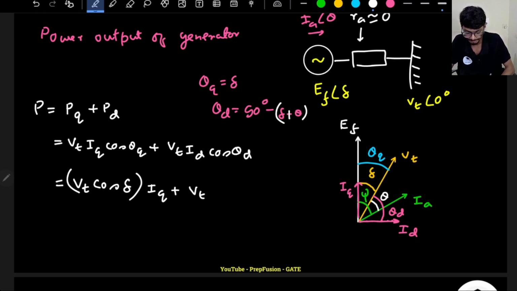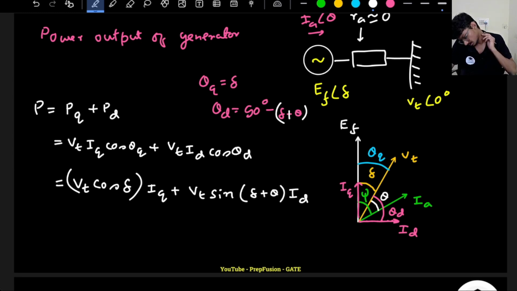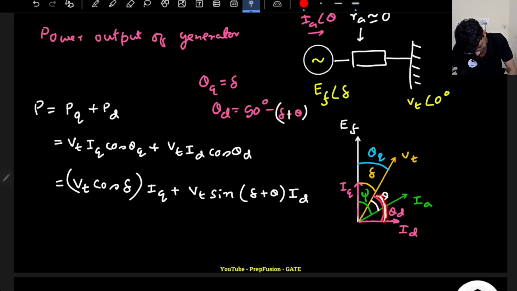So this will be VT into cos of 90 minus psi, that is sin psi, sin of delta plus theta, into ID. Yeah, these are the values. Am I making any mistake? I just want to check this. This is ID, right? This is theta D.